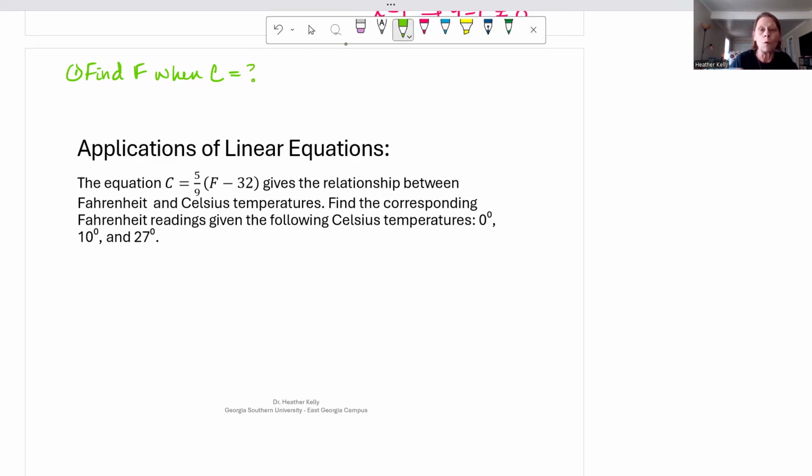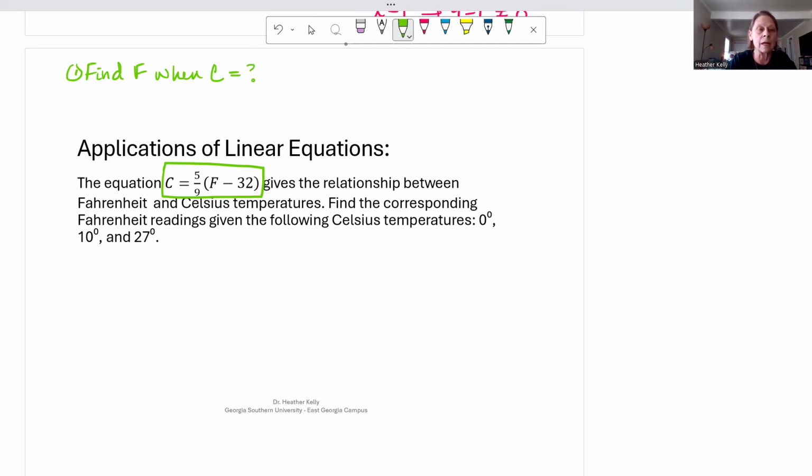Okay? Now, right now, the way the equation is set up, F, Fahrenheit, is what we would call the input, the independent variable, the one that drives what the answer is, okay? And C is right now considered the dependent variable. It depends on what F says on what C turns out to be, okay?